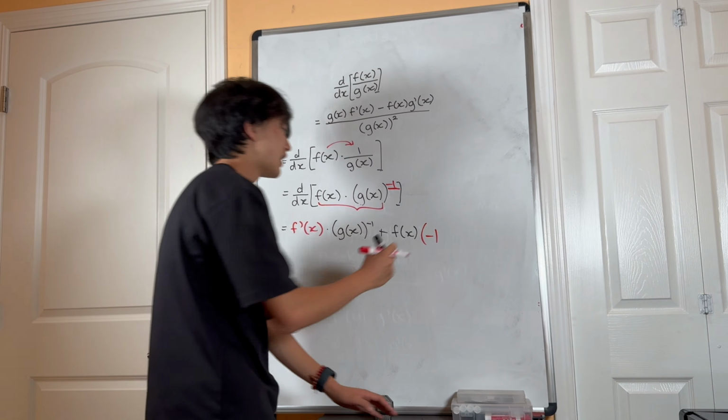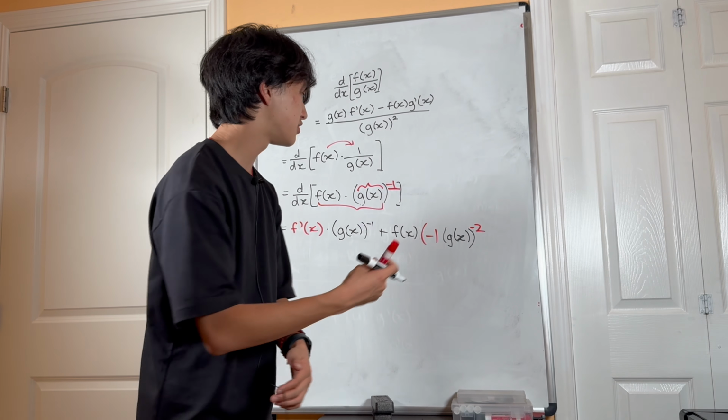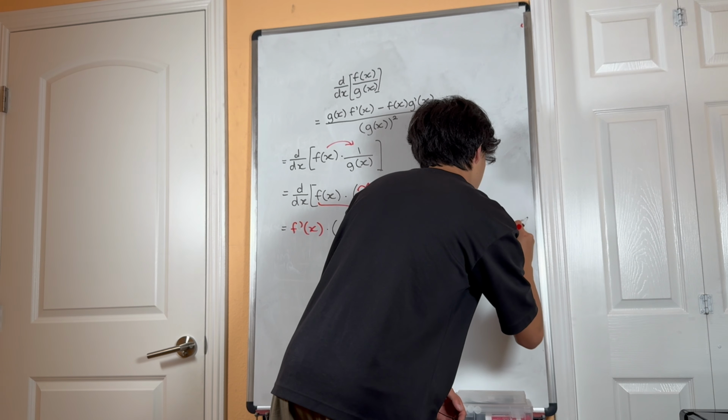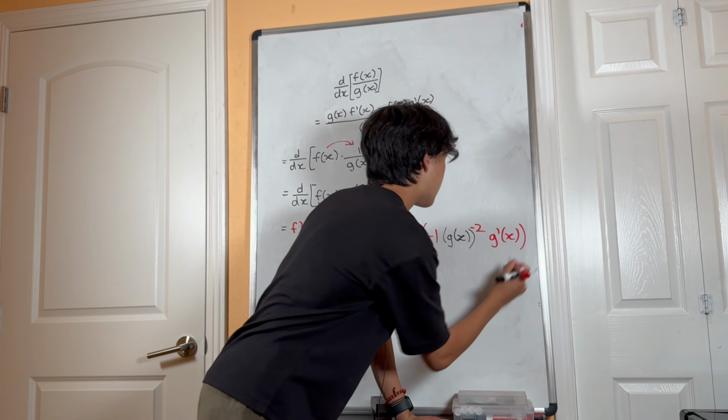Then we subtract 1 from the power, so the power goes from negative 1 to negative 2. Then you multiply by the derivative of the inside function. In this case, our inside function is the g of x sitting inside this negative 1 power. And what's the derivative of g of x? Simply g prime of x. There you go. Close the outside parentheses.